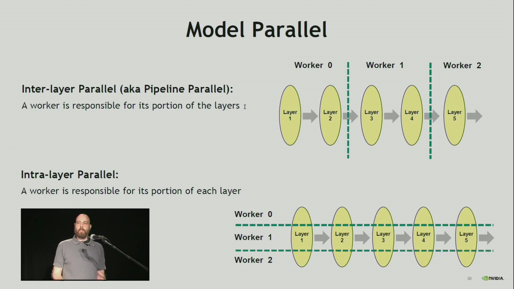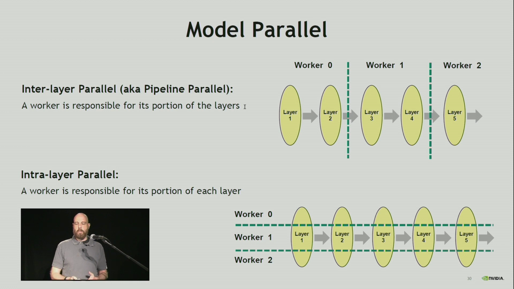As we mentioned at the beginning, there are two variants: interlayer parallel, or pipeline parallel. That's the one at the top, where you take your set of layers in a network and partition the layers across the workers. Worker 0 gets a set of layers, in this case layer 1 and layer 2. Worker 1 gets some layers, and worker 2, in this case, just gets a single layer.